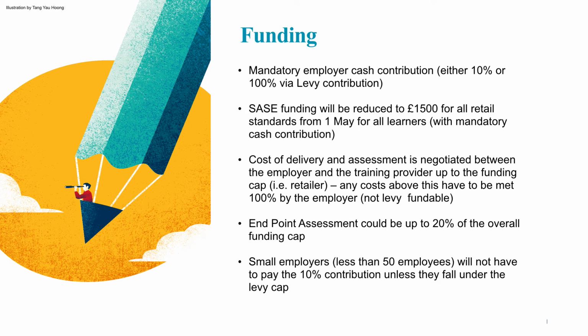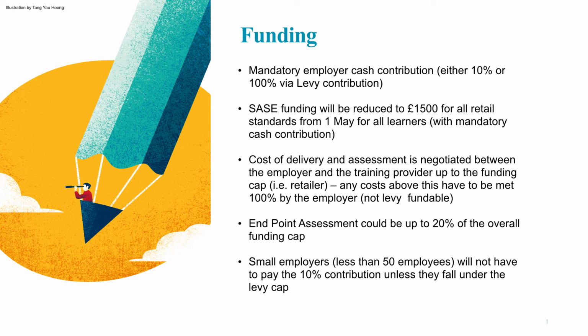As I mentioned earlier, the cost of delivery and assessment is negotiated between the employer and the training provider up to the funding cap, so for example £5,000, and any costs above this have to be met 100% by the employer, and it's not levy fundable. So the employer comes to you and says, I would like to have this, this, this and this, and you say, okay, that will cost you, with the endpoint assessment, £5,000.